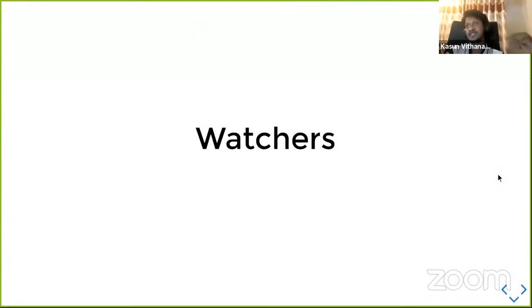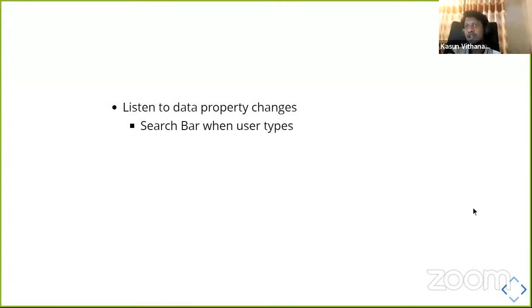Okay, so let's talk about watchers. Watchers are a very special thing in Vue.js. You saw that you can have reactive properties in your Vue.js applications, which react to underlying data source changes.